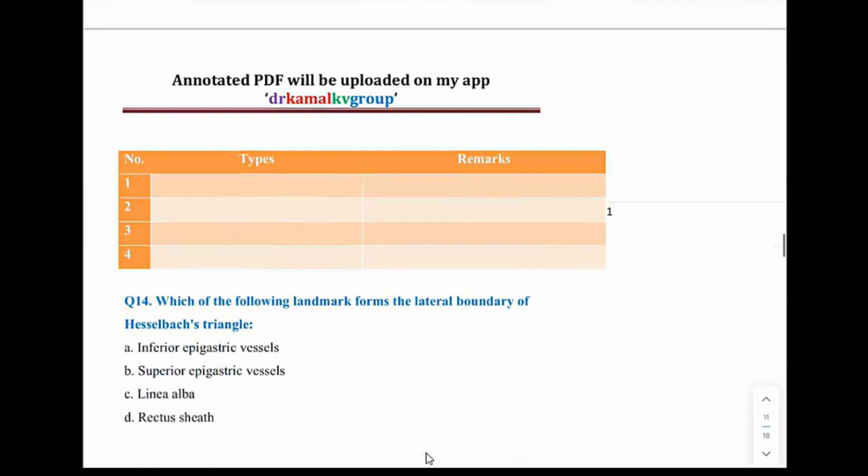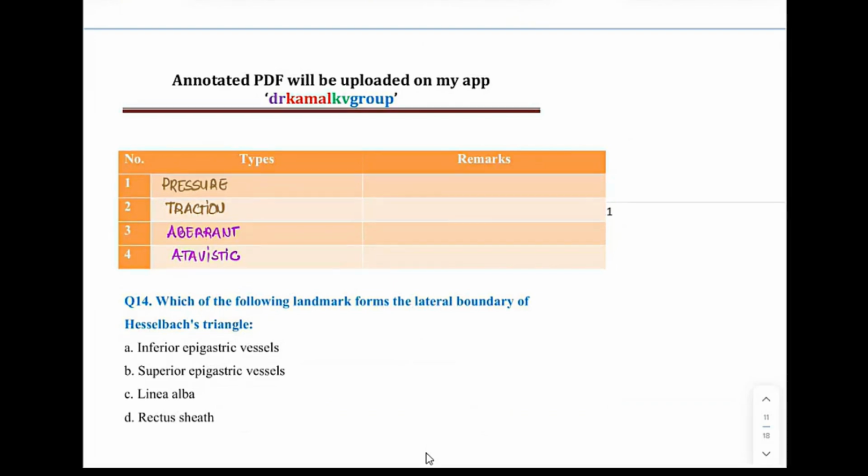So there are 4 types of epiphysis. The one we already discussed is pressure epiphysis. The second is traction epiphysis, the third is aberrant epiphysis, and the fourth is atavistic epiphysis.